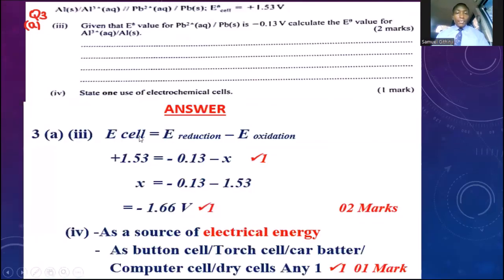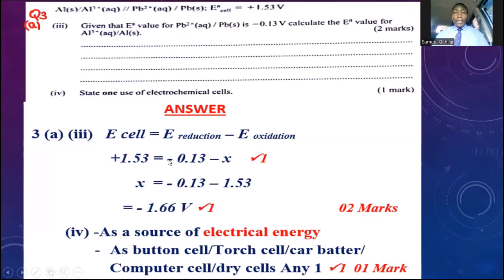The E cell is always given by E reduction. Remember, reduction is a gaining of electrons, the particle that is gaining electrons, then minus E oxidation. So look at the two. Let's think about this one. Lead 2 ions becoming lead metal. What has happened? This one has gained electrons. So we have said reduction is a gaining, so this is the one we're starting with.